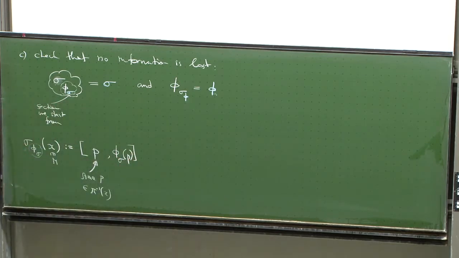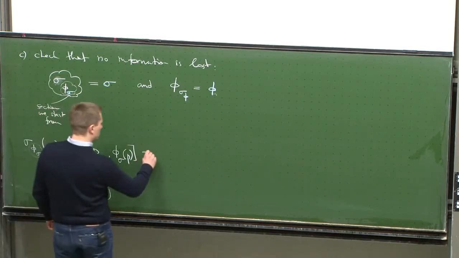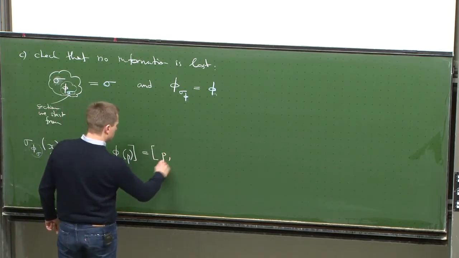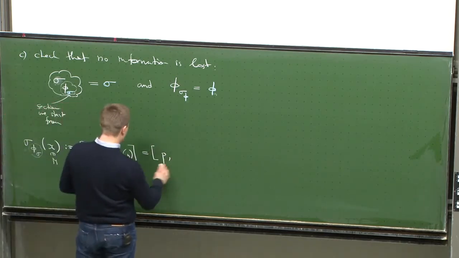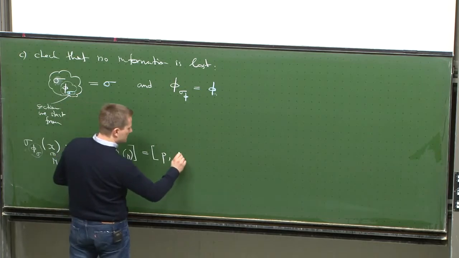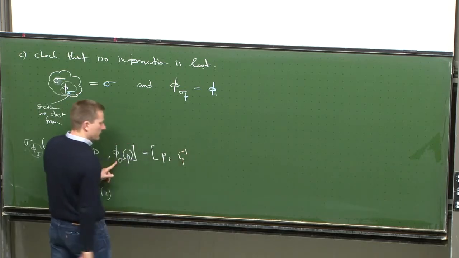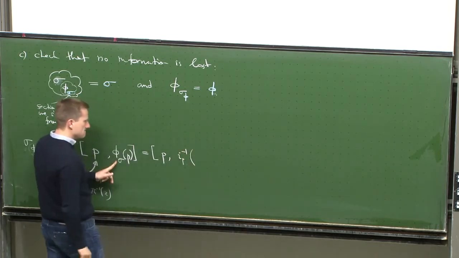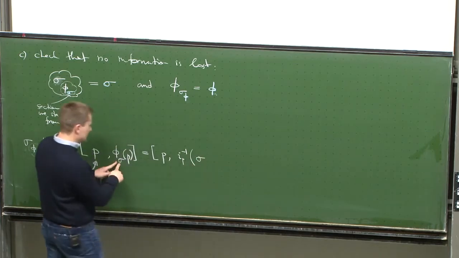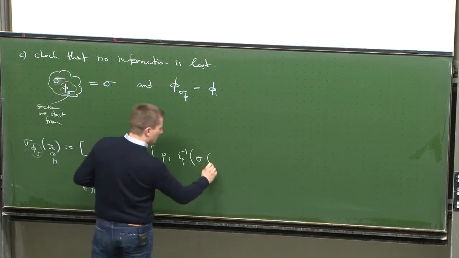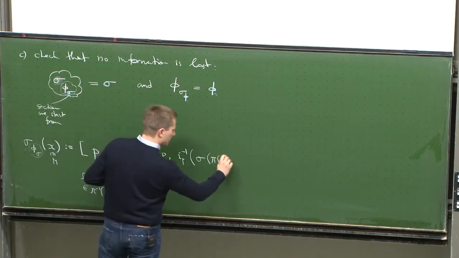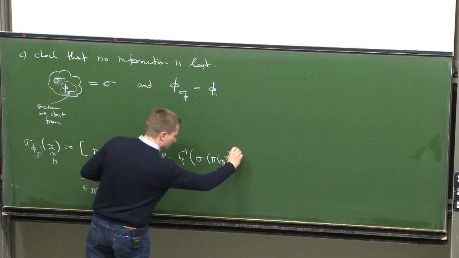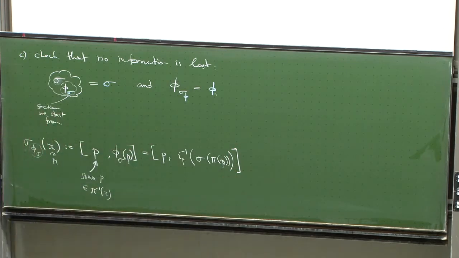We check that this is well defined. But now we have to replace what this phi sigma was. The phi sigma at the point P was the IP inverse of the sigma of the pi of P given here.